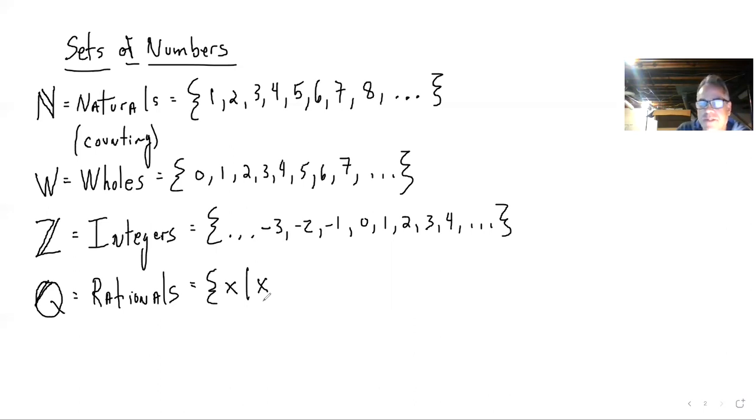X such that X does what? This is where I put the rules. So we want a fraction. I'm going to say A over B, so it looks like a general fraction. But I've got to be very specific. What is A? What is B? And so I'm going to say where.